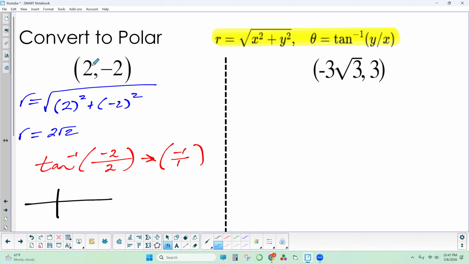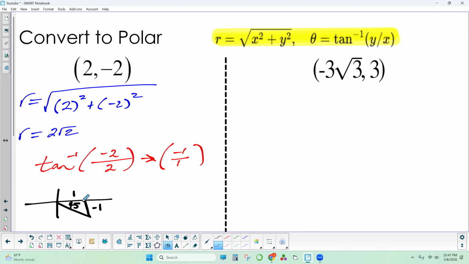And as you can see up here, x and y, if you go 2, -2, that's in quadrant 4. So if we sketch a triangle in 4 and we put y, -1, x, 1, you can see that x and y are the same. So that means our reference angle is 45.